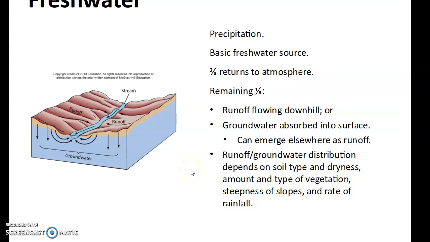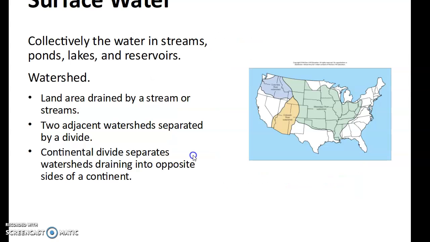We've had sometimes 2 and 3 inches in a 24-hour period here. There are places where they have 10 inches or more of rain. In the Philippines, for example, 10 inches or more of rain in a single day. Surface water: collectively the waters in streams, ponds, lakes, and reservoirs.